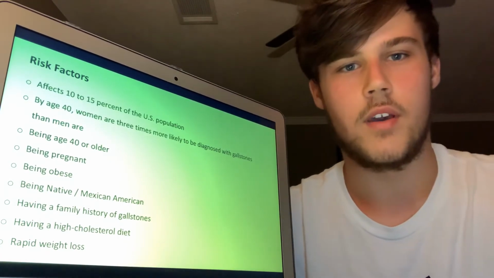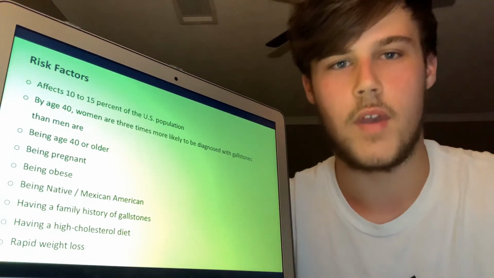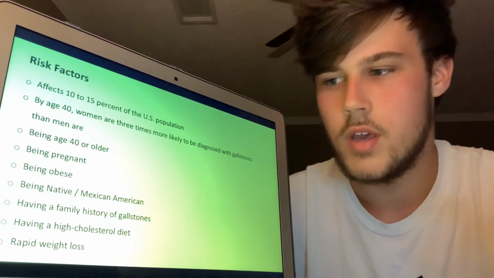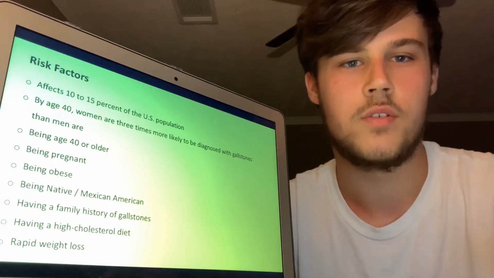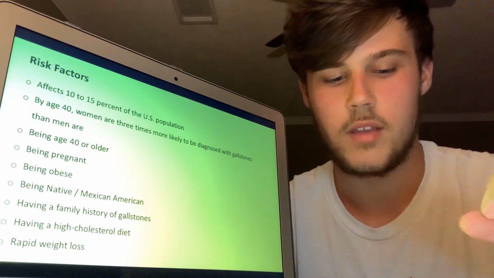And obviously family history plays a role in it also. If you have a family history of gallbladder problems or gallstones in general, then you're more likely to. A high cholesterol diet also contributes to it, because cholesterol is the main cause of it.